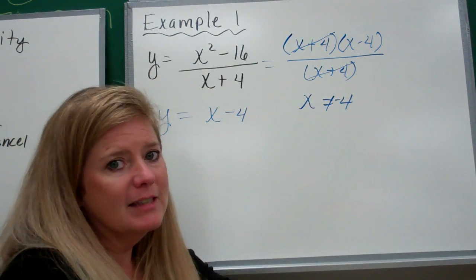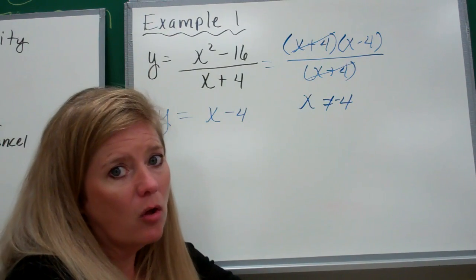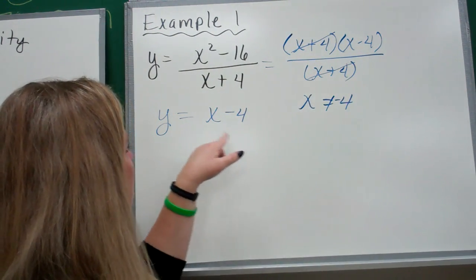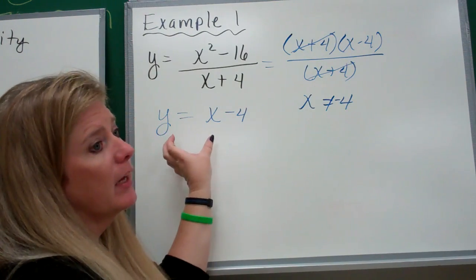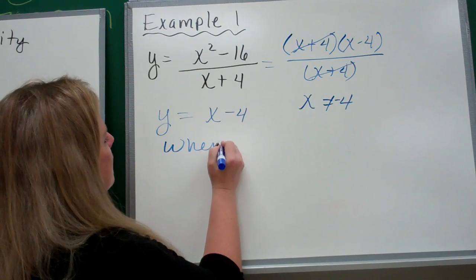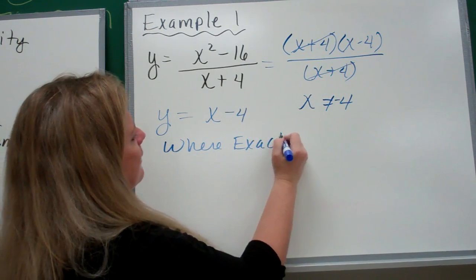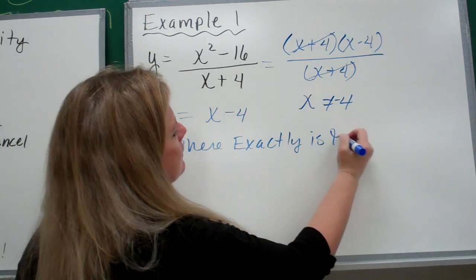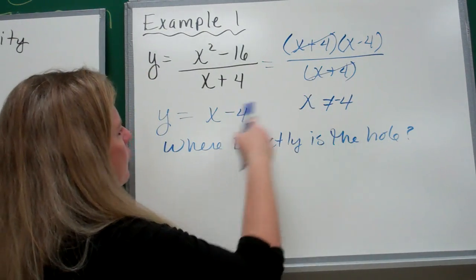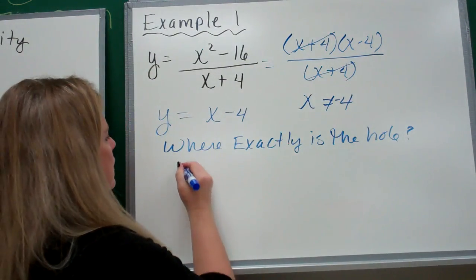Now, where exactly in the graph is that hole? I'm going to plug negative 4 into my simplified version.